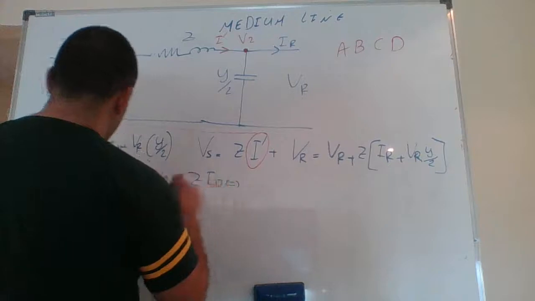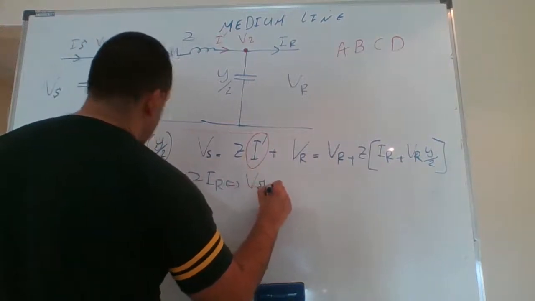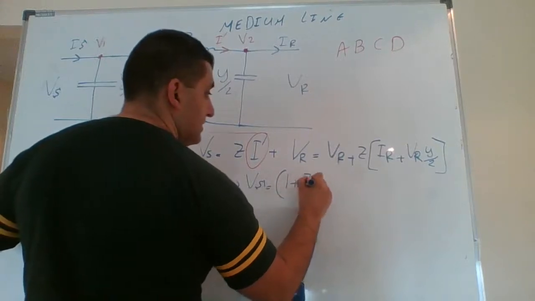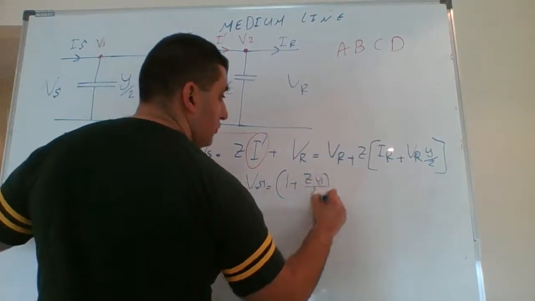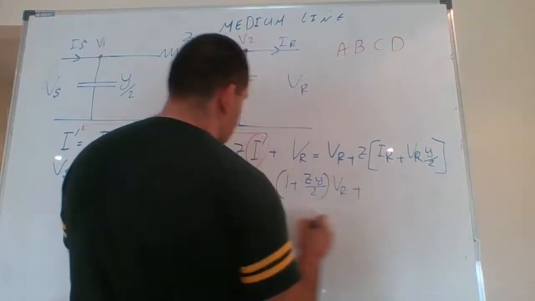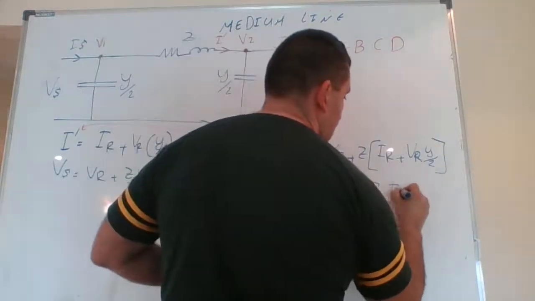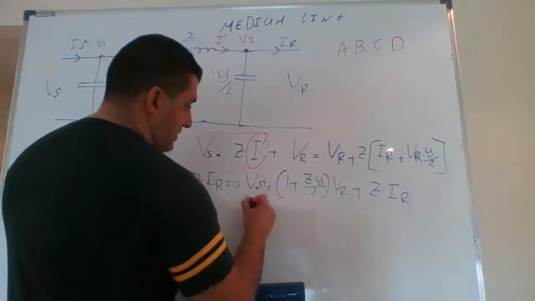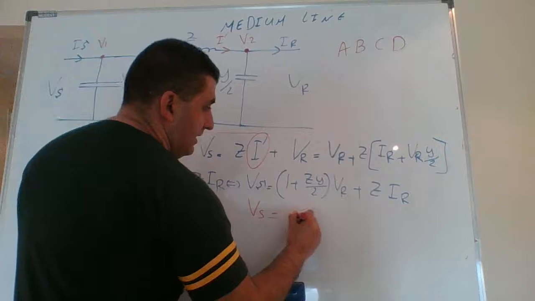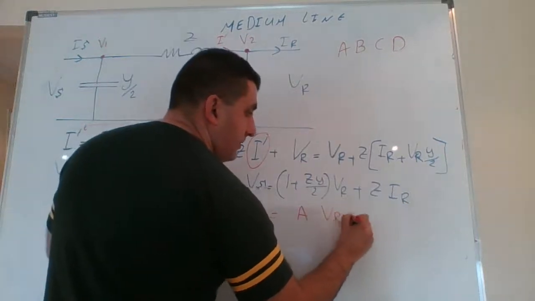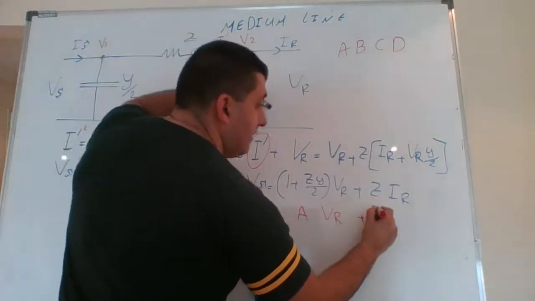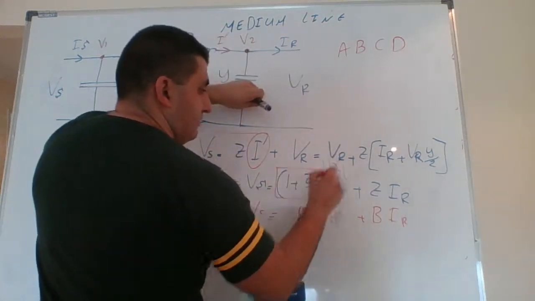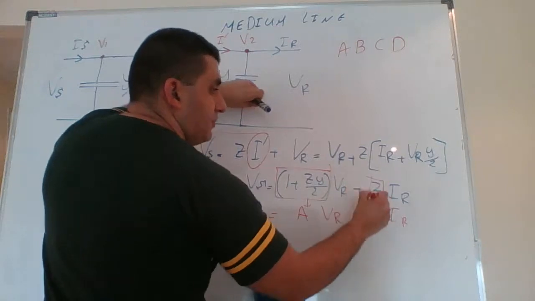So therefore, Vs is equal to 1 plus ZY over 2 times Vr plus Z Ir. This is similar to Vs equal to A Vr plus B Ir. So this will represent A, this will represent B.